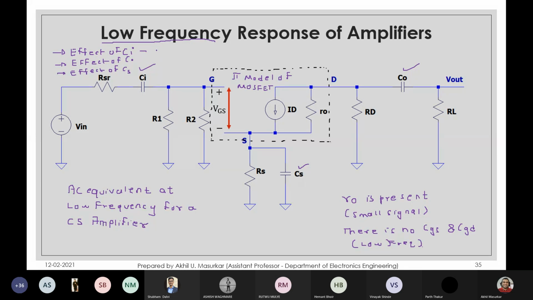This will give me one frequency FCI, this will give me FC0, and this will give me FCS, and whichever is the max out of these is going to be FL. So now our task is to find FCI, FC0 and FCS. That's our task. Then we will be able to find FL out of it.